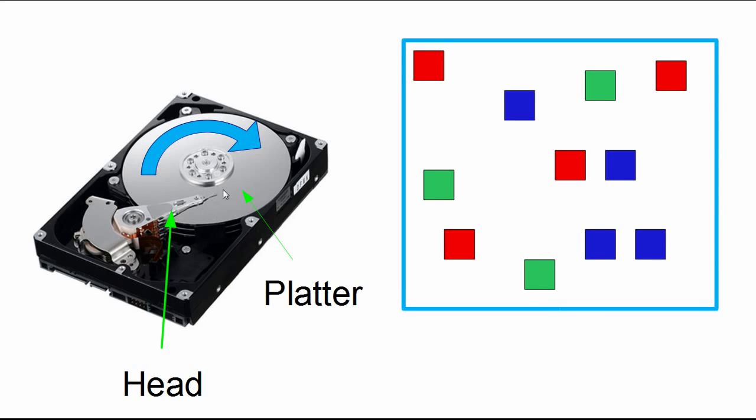because the head would have to travel around the hard drive as it's spinning to find the separate bits of data. And if I wanted to open this green one, which I think I said was a program, the hard drive would read like this. So it has to travel a longer way to find all of the files, so it takes a longer time, just like I said with the filing cabinet.